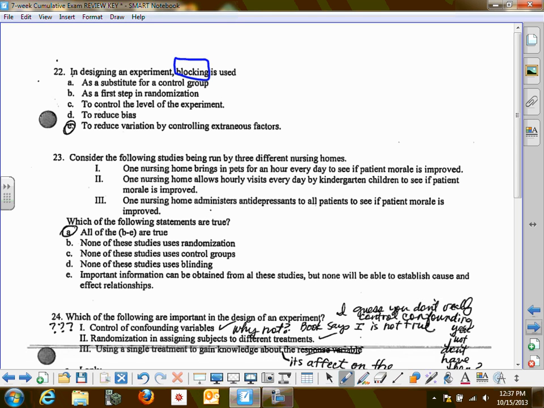What do you do for blocking? Give me an example of blocking. You would block maybe by what? Male, female. Okay, so say if you block by gender, then you have just made everybody in the group all males or everybody in the group all females.